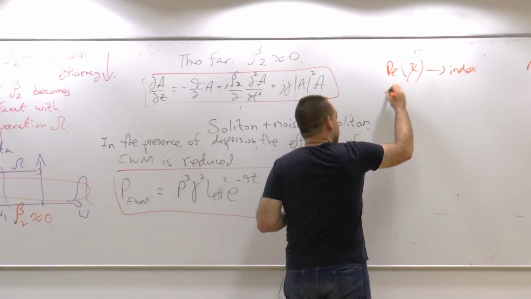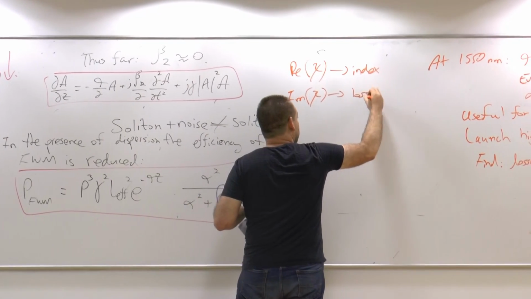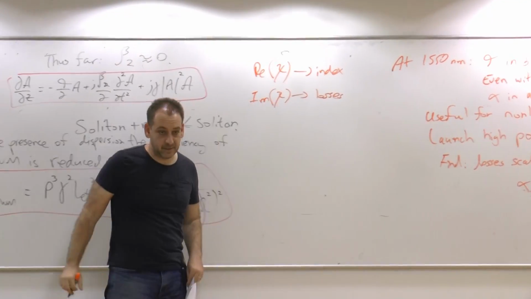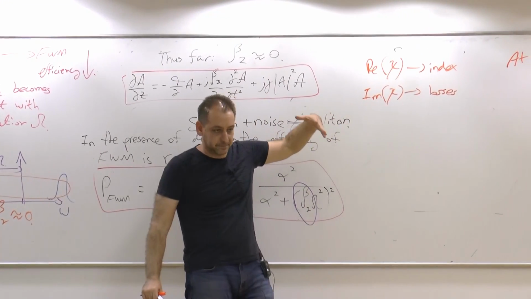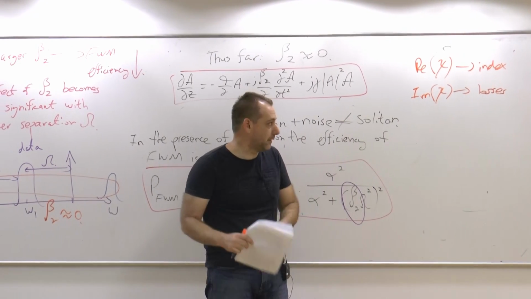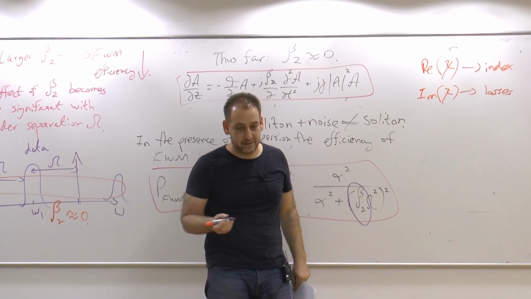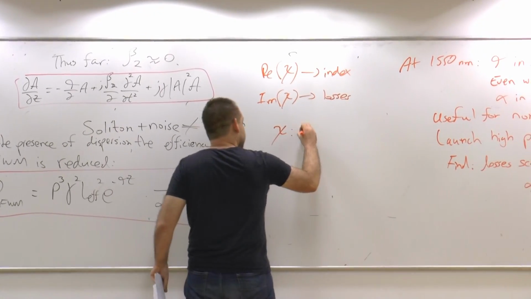And the imaginary part of the susceptibility is what would become losses later on. In the linear regime, this is perfectly valid and possible to prove. But now we modify the rules of the game. So now chi is nonlinear.